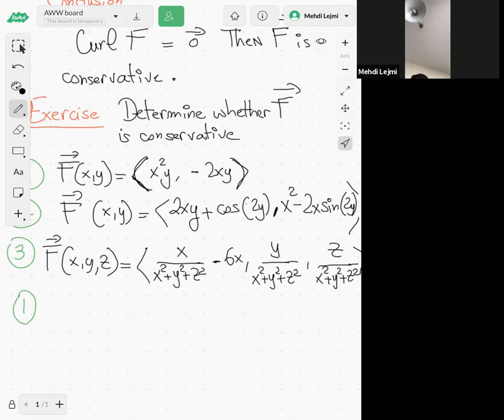So this is defined for any x and for any y. So the domain here is just the whole plane, R2. And R2 is of course simply connected, right? So the domain of F is R2, and it's simply connected.